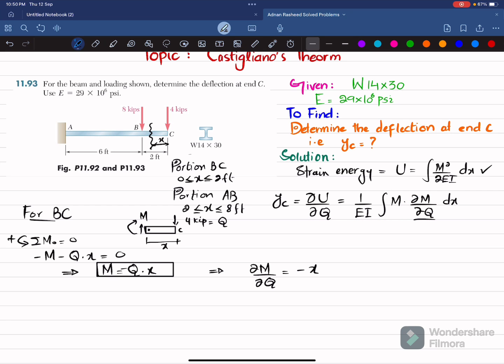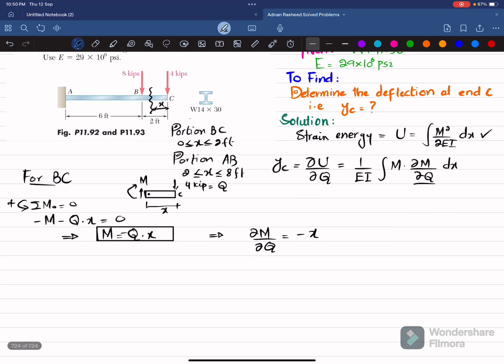Okay, so what we are going to do is find this term: the integral from 0 to 2 feet of M times partial M over partial Q into dx. This will be equal to the integral from 0 to 2 feet.